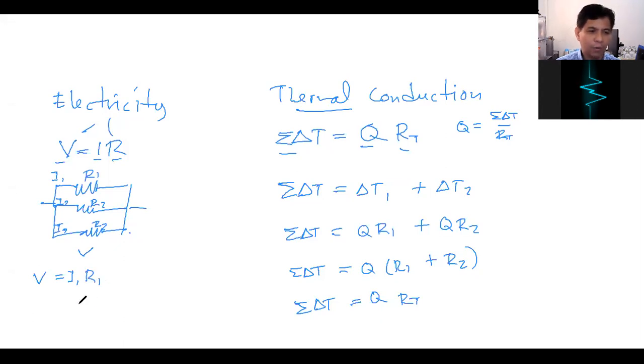B is equals to I1 times R1. Ganyan, di ba? Tapos you have B is also equal to I2 times R2. Tapos you also have B is equals to I3 times R3. Tapos, pasok nyo lamang dito sa equation na to. I total is equals to I1 plus I2 plus I3.